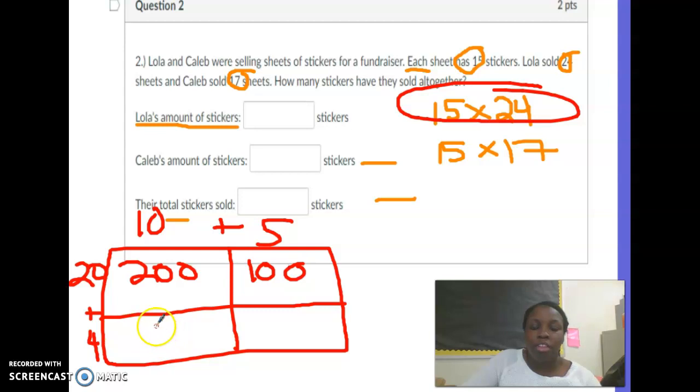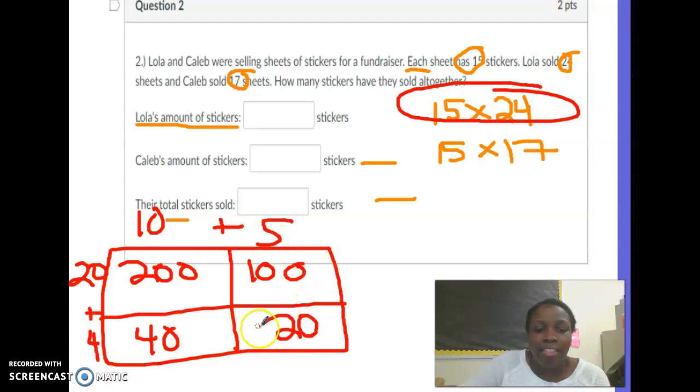Eventually, you guys aren't even going to want to put the multiplication problems in here because you're going to know it off the top of your head, so you just put your answers in here. This one, look above it. It's 10 and 4. 10 times 4 is 40. And this problem right here, 5 times 4 is 20.